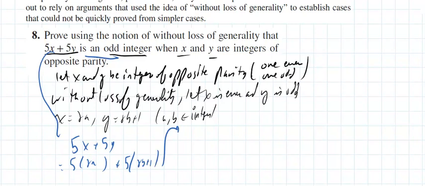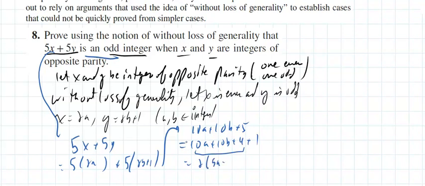So altogether, I'm looking at 10a plus 10b plus 5, which equals 10a plus 10b plus 4 plus 1. I could factor a 2 out of that. That's 2 times (5a plus 5b plus 2) plus 1.